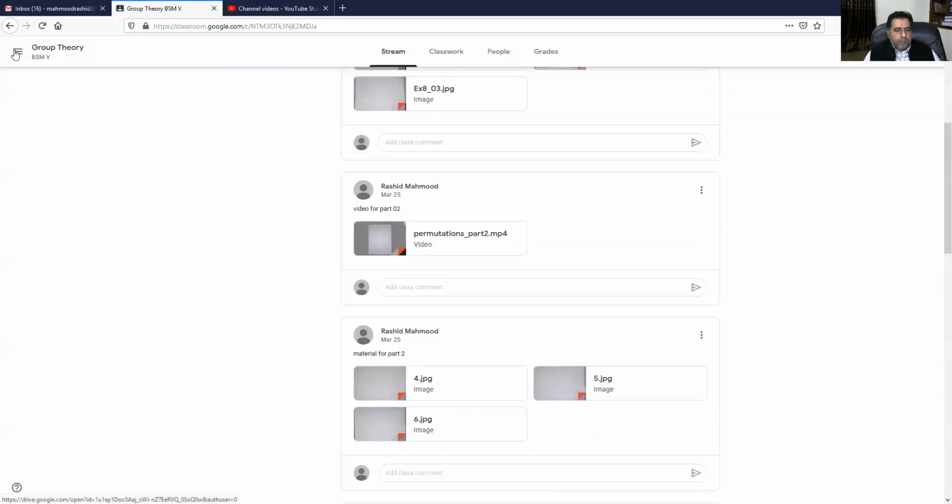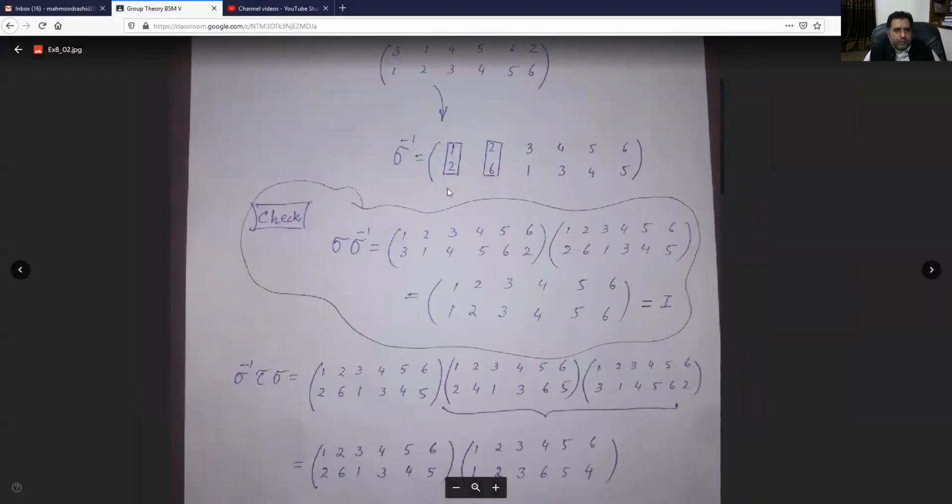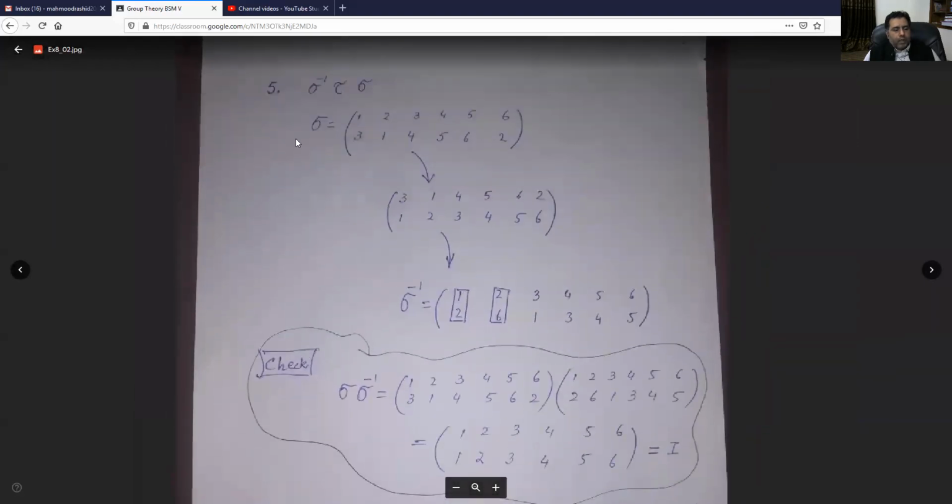So again, from Google Classroom, we take the second slide. Now question 5. You are advised to solve questions 2, 3, and 4 by yourselves. In question 5, we need to compute the product of 3 permutations, sigma inverse, tau, sigma.